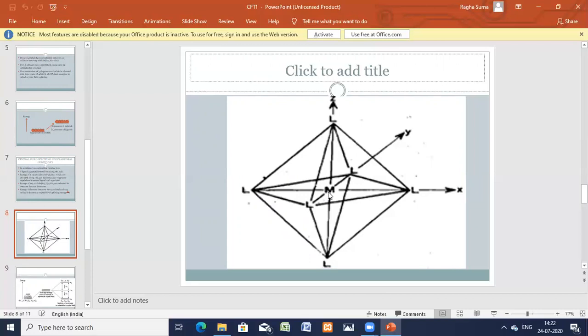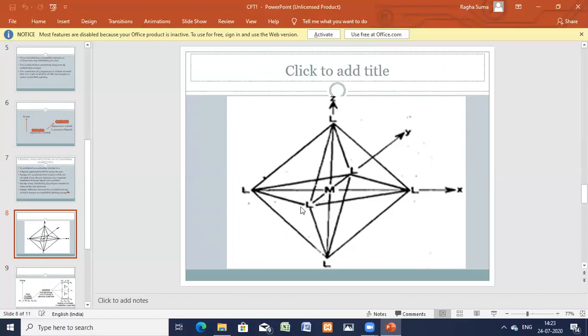The ligands approach the central metal atom and they are forced to occupy d orbitals where there are no valence electrons, in order to avoid the repulsions.